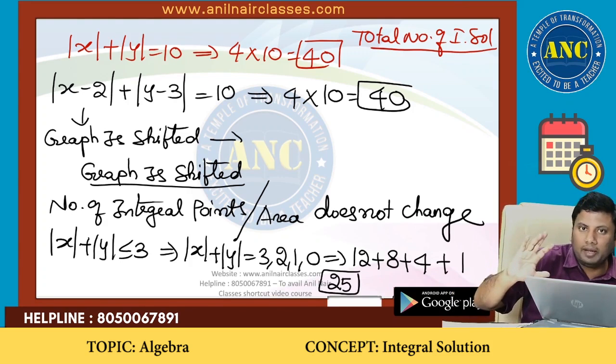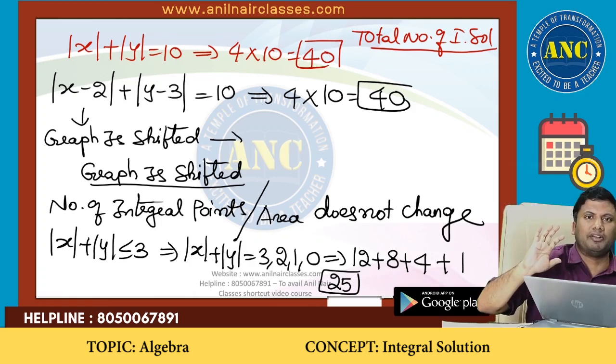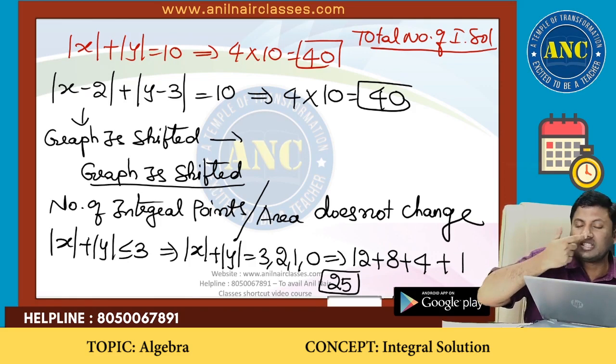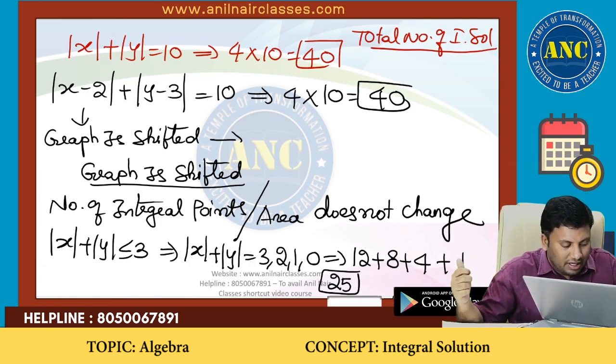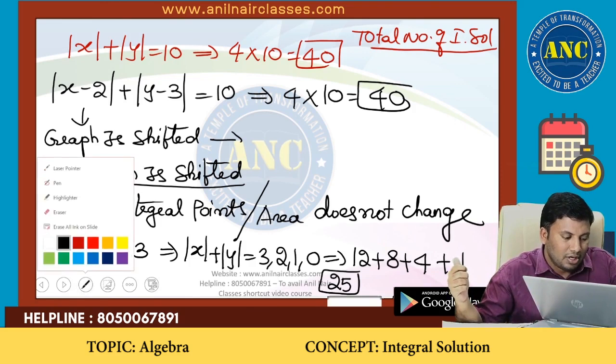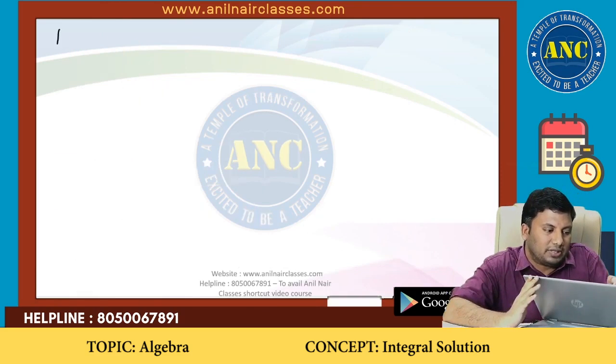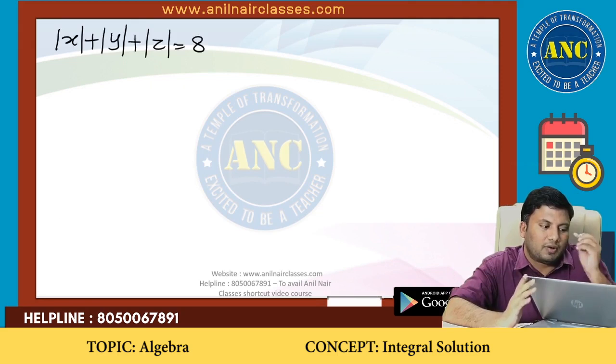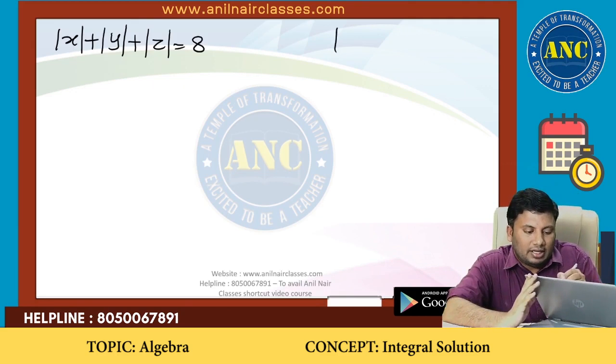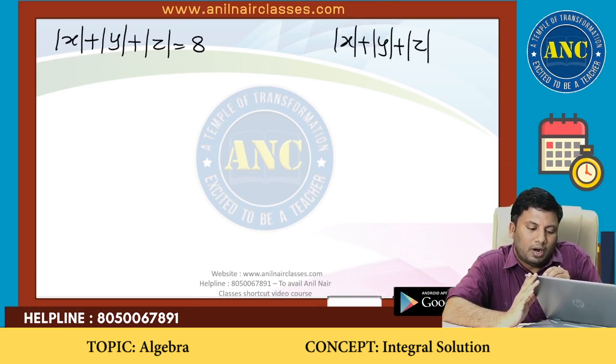For 2 variables, I hope the concept is clear. Whatever cases I am taking for 2 variables, I will do the same thing for 3 variables. 3 variables, please write down. Mod x plus mod y plus mod z equivalent to 8.